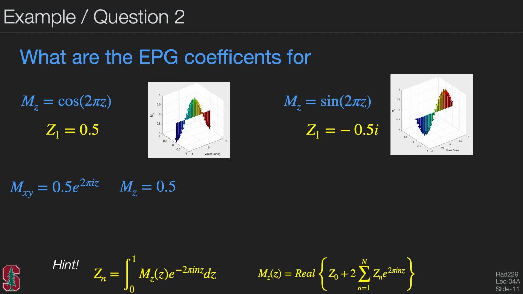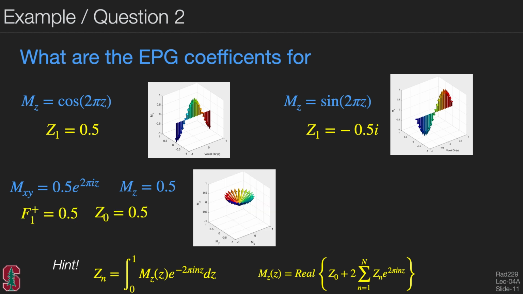Now let's look at a combination where we have a transverse magnetization and we have a longitudinal magnetization. And the transverse magnetization is a complex exponential. So now you see that we have a single cycle of phase twist.